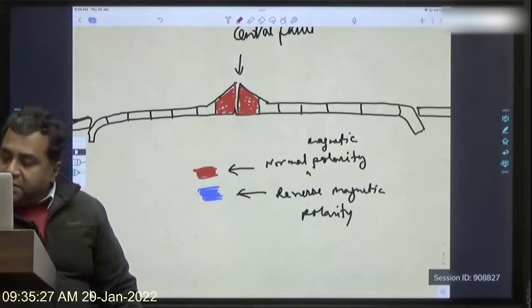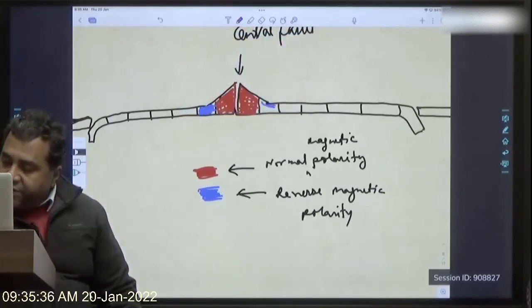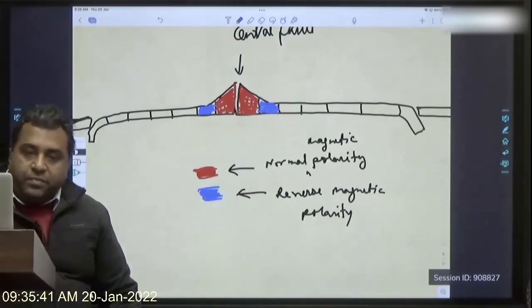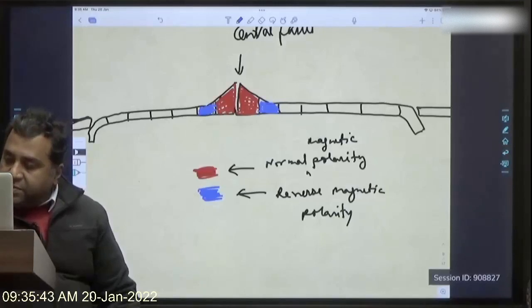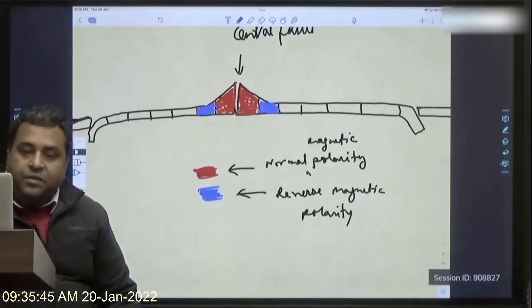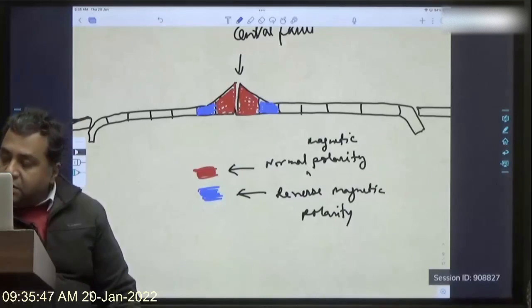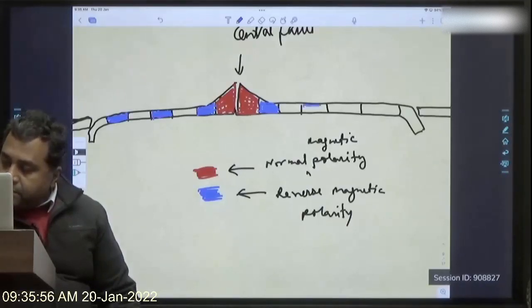Whereas the one just next to it was a band of rocks having reverse magnetic polarity. The whole crust was like that. After that, again, another band of normal polarity and another band of reverse polarity. So we found alternating bands like this.